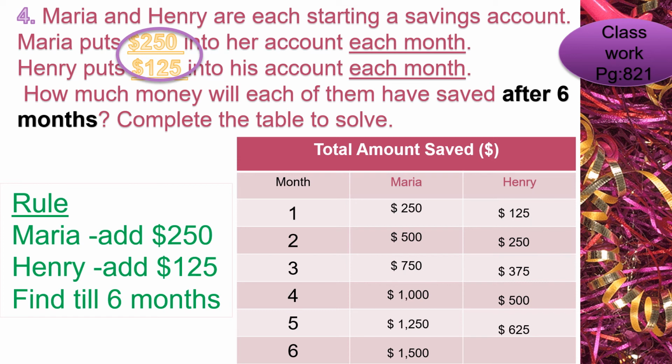Very good. 625. Next, 750. So now we have completed the table. So by the end of 6 months, Maria saved $1,500 and Henry saved $750.